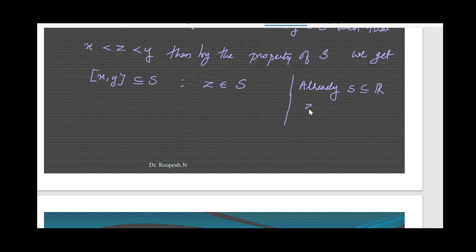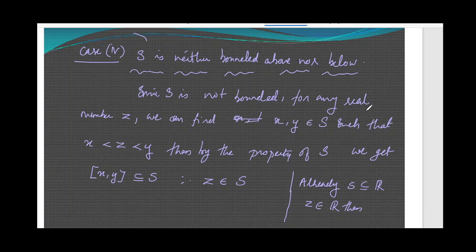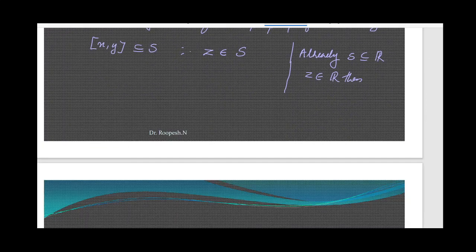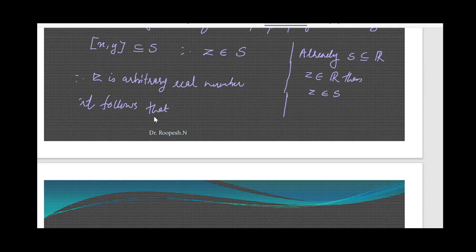What you have shown is, if z belongs to R, for any real number we have taken z, then z belongs to S. Since z is an arbitrary real number, it follows that S equals R. That's nothing but the interval minus infinity to infinity.